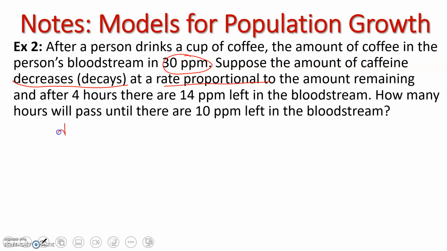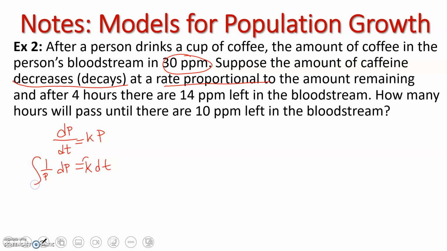So proportional means the change in, let's say, caffeine population with respect to time is kP, some constant times this proportion. So just like before, 1 over P dP equals k dt.